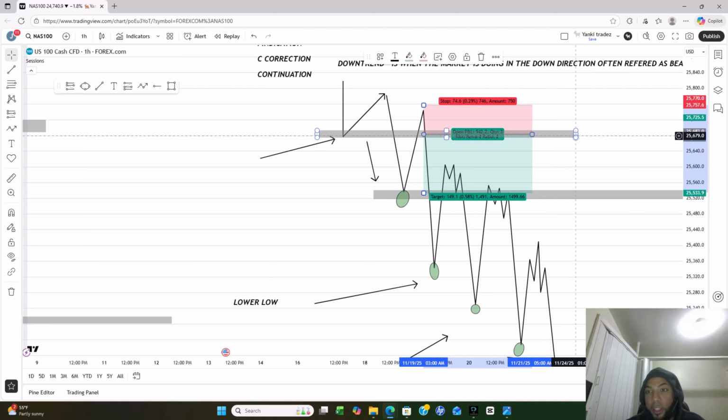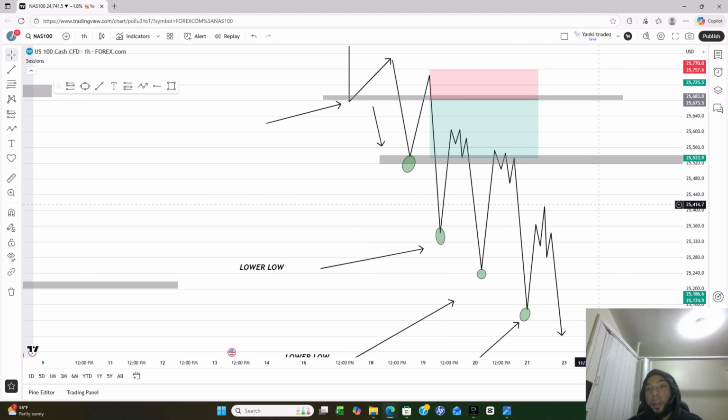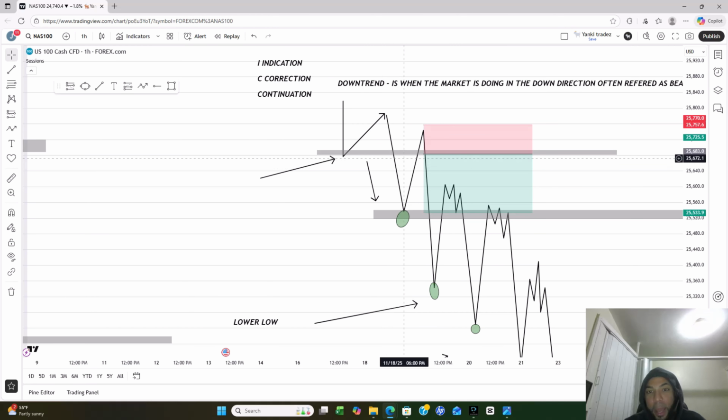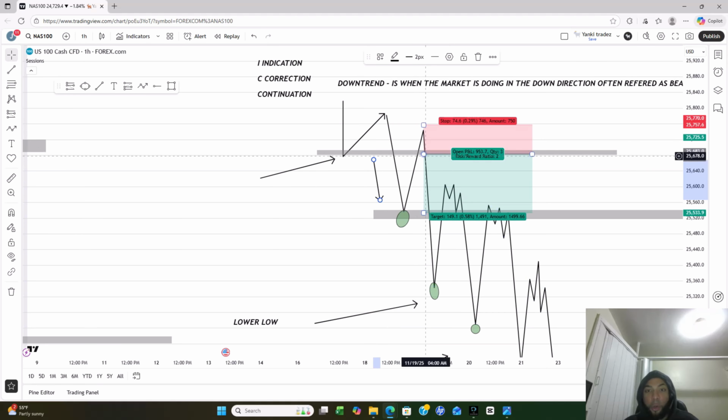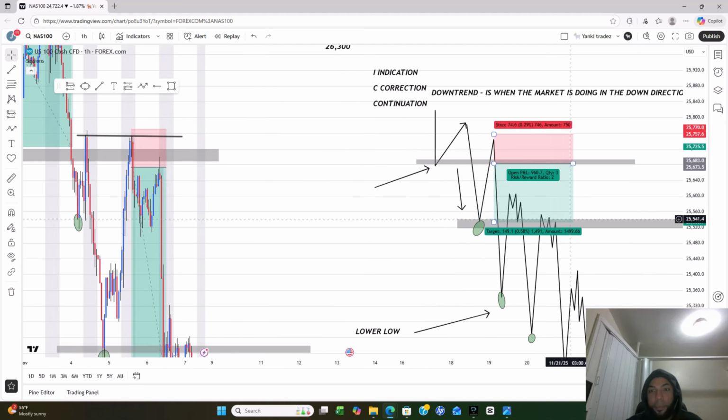Not every trade is 100%, but I've seen it when I'm backtesting, when I'm placing a trade, most of the time it's 60%. Let's call it 60%. Most of the time it's a continuation of the downtrend, right? The same thing.